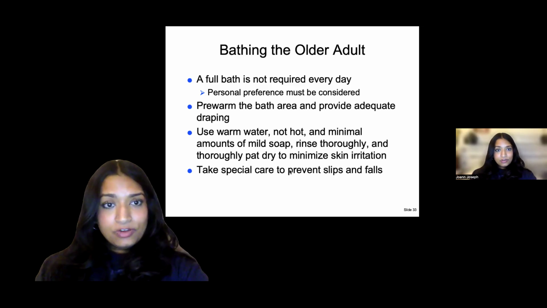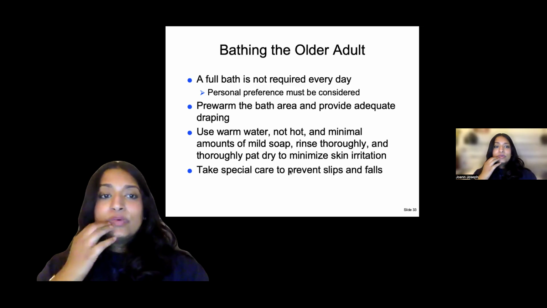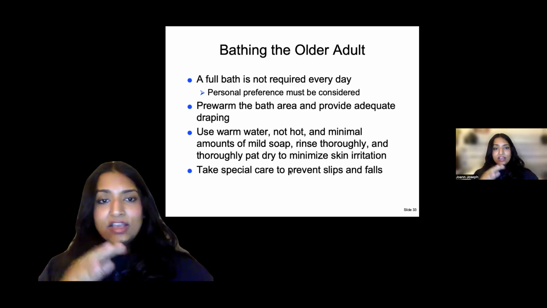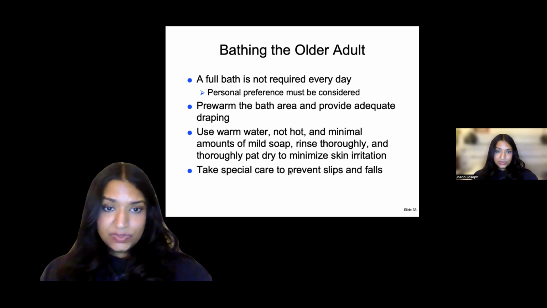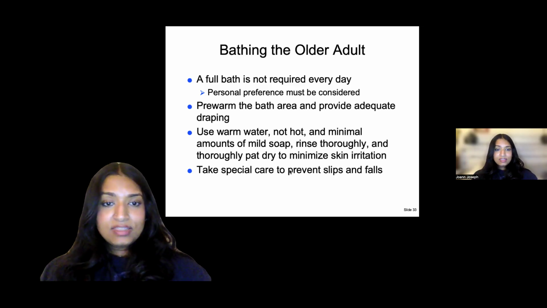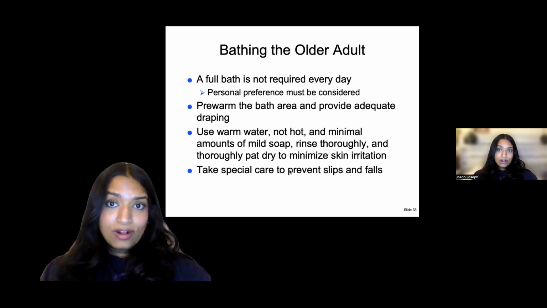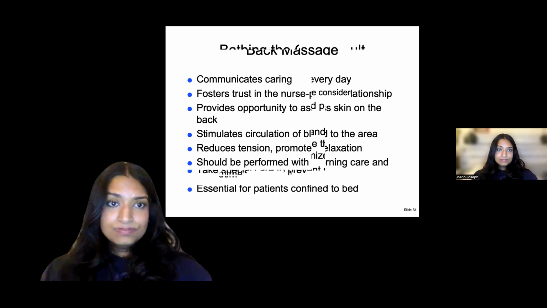And that is making them vulnerable to the environment. So as I said, always pre-warm the bath area, make sure that everything is private. You have to have warm water, not hot, mild soap, and make sure that there's nothing in the area that would make the patient slip or fall because you will have a way longer day if that happens.